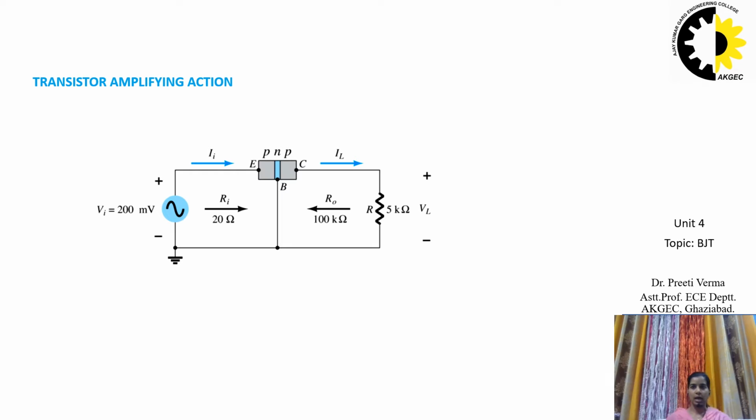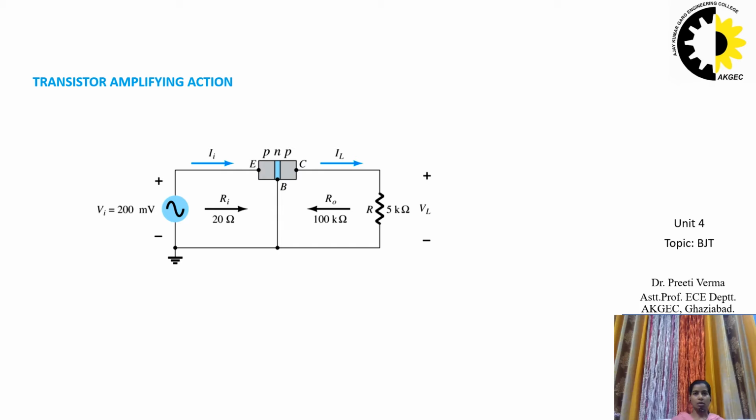Input current is Ii and the output current is the load current. So to analyze the amplifying action of the transistor, let's consider this diagram. The DC biasing does not appear in the figure since our interest will be limited to the AC response.